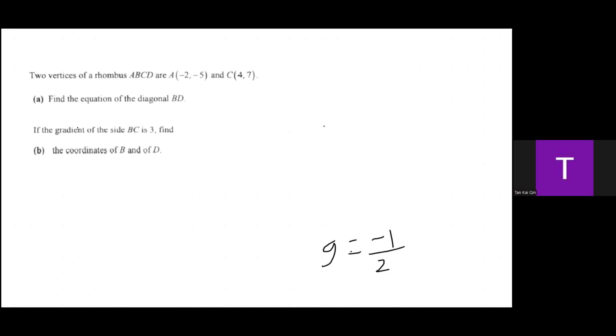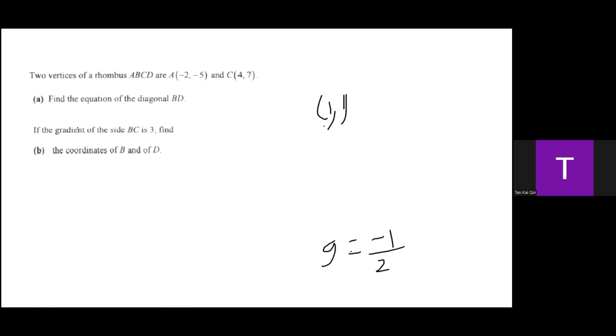Now since we know the gradient of the line equation of diagonal BD, we can find the intercept of the line equation of diagonal BD by using the coordinates 1 and 1. These coordinates are the midpoint of diagonal BD too, since in a rhombus the two diagonals have the exact same midpoint.